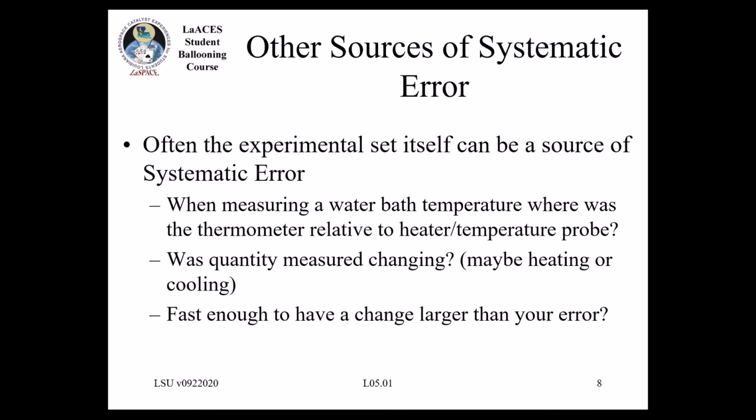You know, also the value may not be steady. It could be changing. So if you're actively heating up or cooling down the water, the value will change depending on when you read off the temperature. And the important thing with that is to consider, is the value changing fast enough that that's larger than your error?